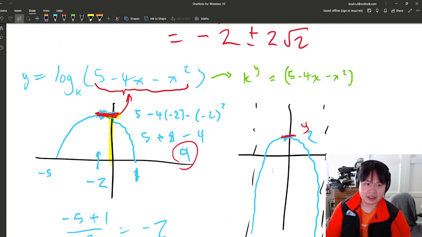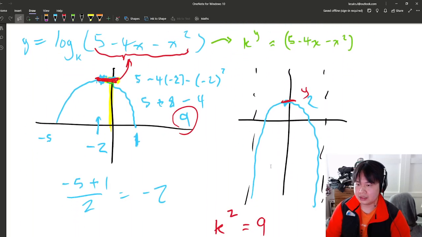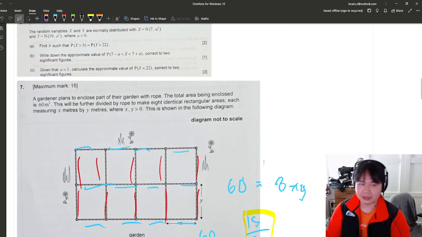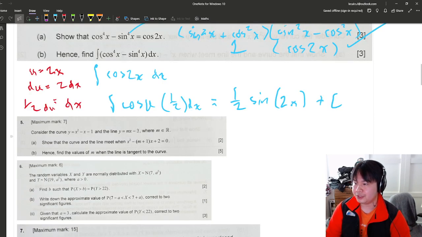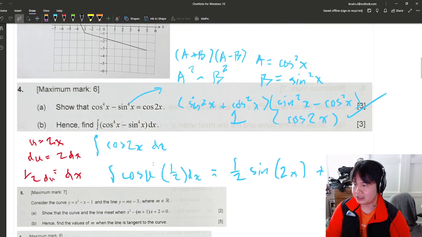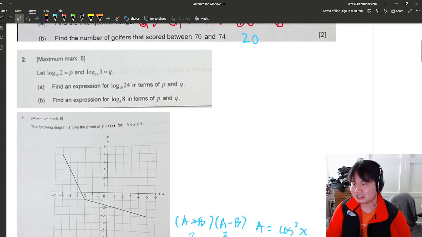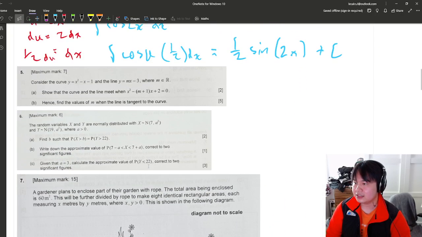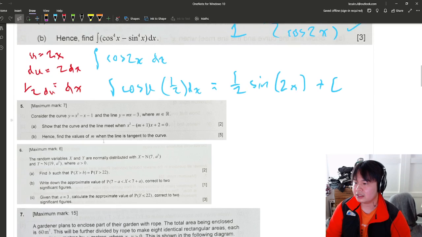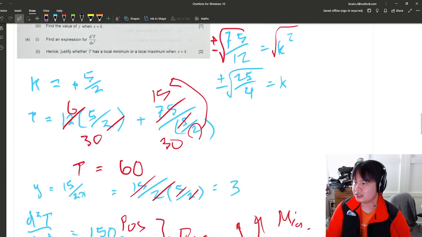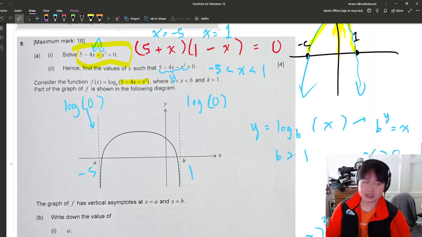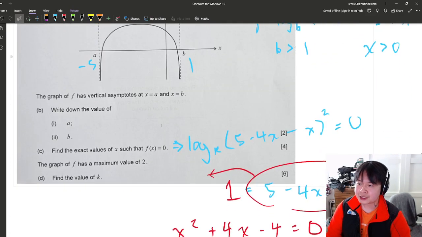That is SL paper 1. Honestly, very easy paper. From these questions alone. If you throw in the other questions from the HL, it's slightly below medium. I think the harder questions... This question is difficult if you didn't spend too much time on log graphs.